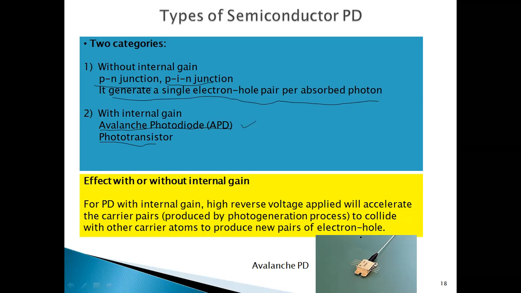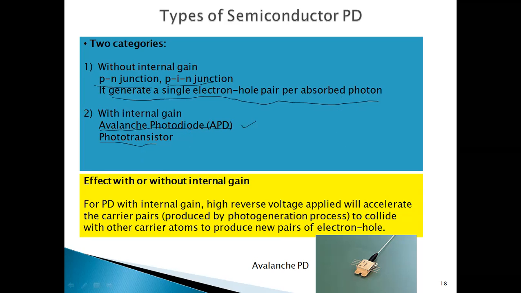For a photodiode without internal gain, the carrier pairs are solely generated by photon absorption, whereas for a photodiode with internal gain, for instance the APD, apart from the carrier pairs produced by photon absorption, other carrier pairs are produced due to the collision of these photo-generated carrier pairs with other carrier atoms.